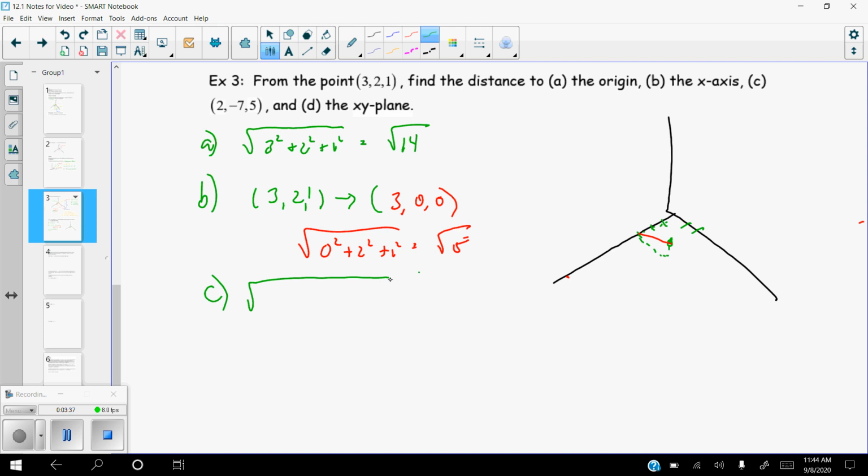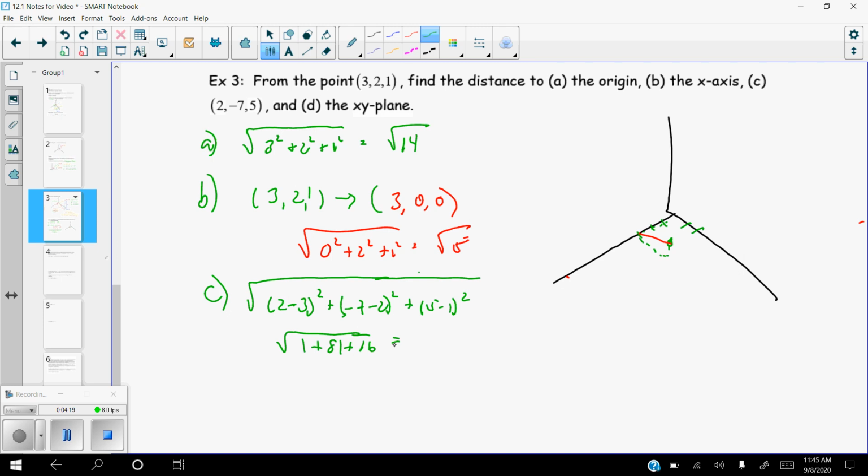The difference in the x's here is 2 minus 3 squared, plus negative 7 minus 2 squared, plus 5 minus 1 squared. So that's going to give us the square root of 2 minus 3 is negative 1 squared is 1. Negative 7 minus 2 is negative 9 squared is 81. And 5 minus 1 is 4 squared is 16.